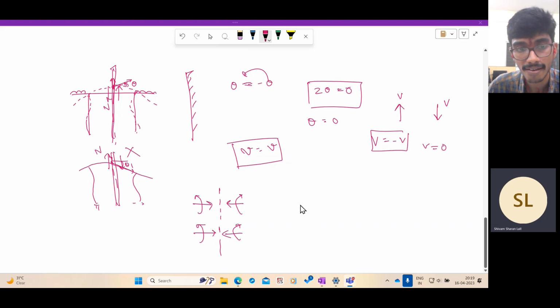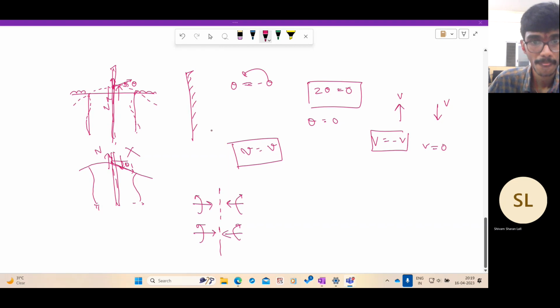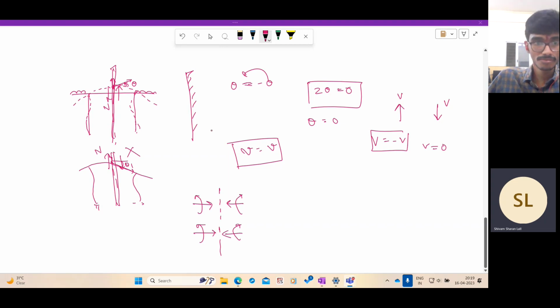Yes, sir. You are trying to say that theta will be minus theta. V means vertical movement upward, as we can see in the deflected shape.